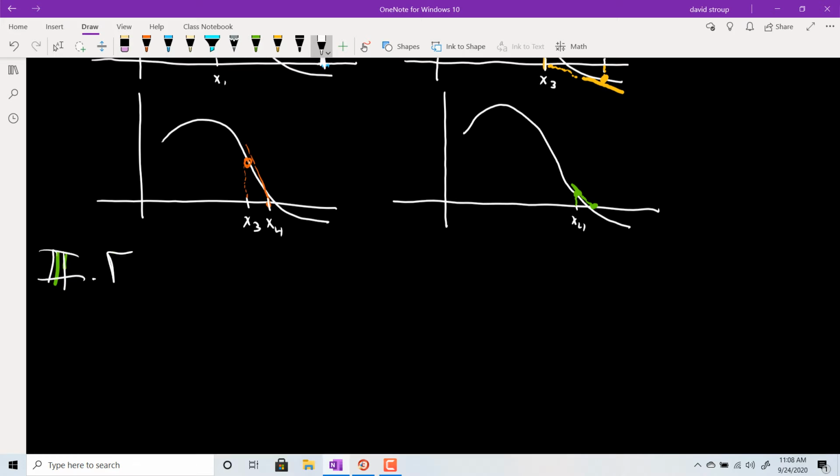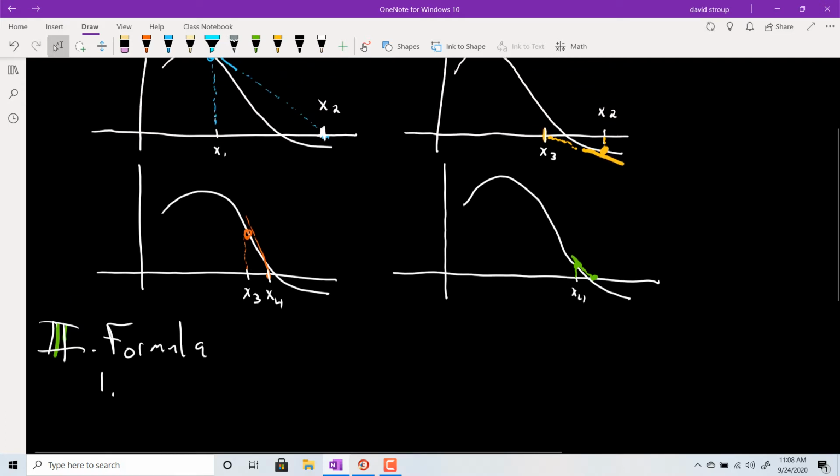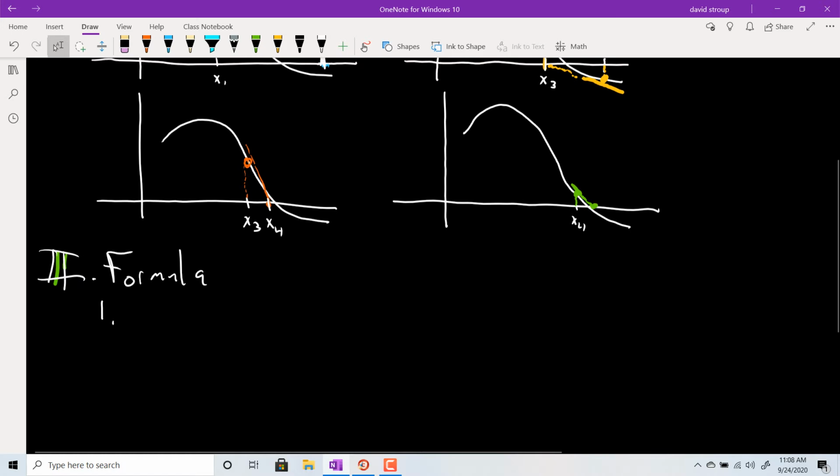So the formula for Newton's method. Okay, so we just want to translate what we just did visually into algebra. You can experiment with things visually and then try to transform it into a more rigorous environment of algebra. Okay, so first, what did we do?